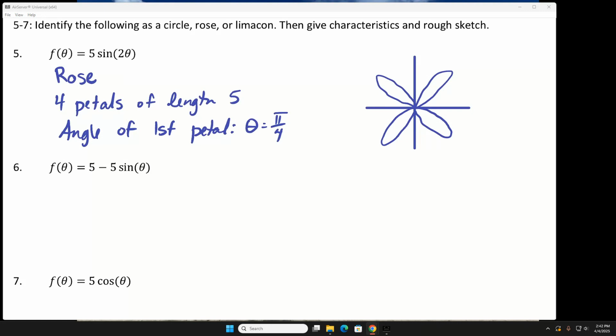All right, and then for 6, this is going to be a Limacon because I see that addition or subtraction. More specifically, it's going to be a cardioid. For these Limacons, we worry about the max radius. The max radius of this one is going to be 10. And I know since this one is sine, it's going to be vertically aligned.